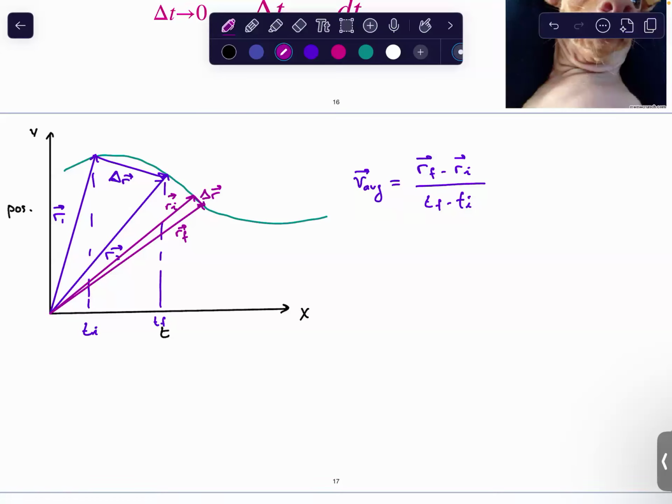So you can see your delta t is getting smaller and smaller and smaller. Now, what happens when delta t tends towards zero? We're going to have almost a singular position vector at an infinitely small delta t.